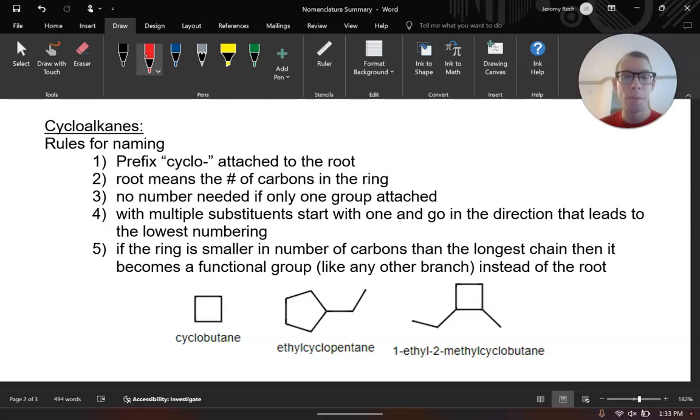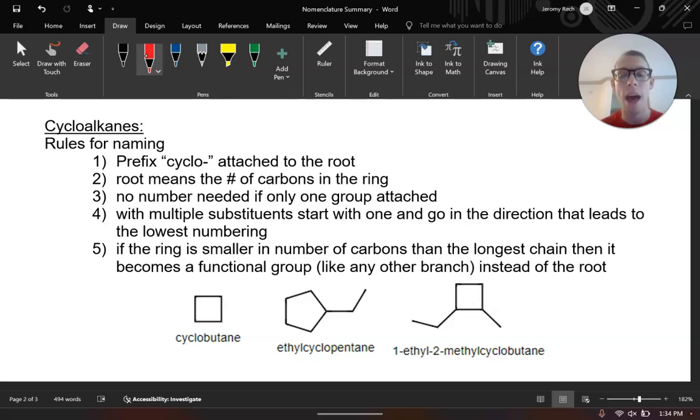Now, if you have a substituent off the ring, and when we're drawing chair structures, we do this very often, if you have, for example, a methyl group, if there is one and only one, you don't need to give it a location. So I have an example here at the bottom. That is a 5-membered ring. 5 has the word pent, so that's going to be a pentane, and because it's in a ring, we're going to call that a cyclopentane.